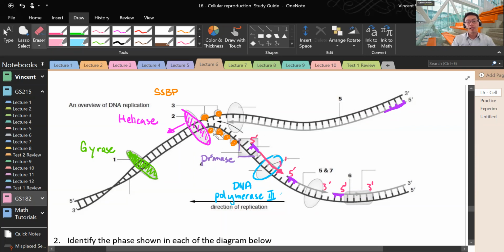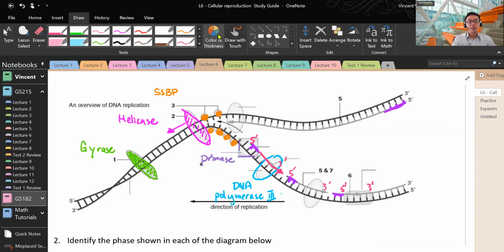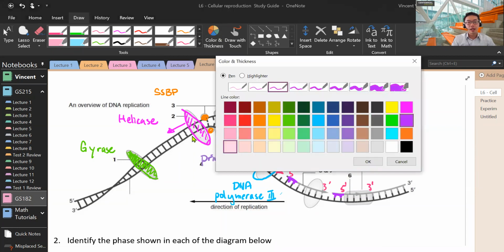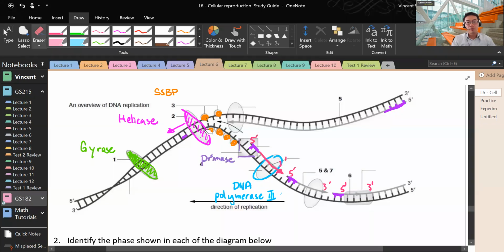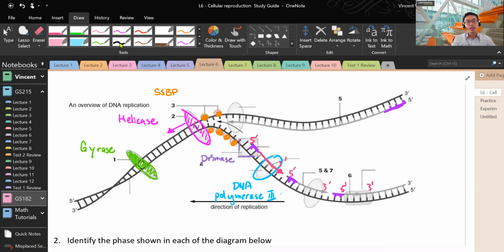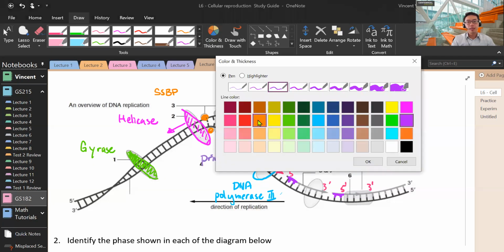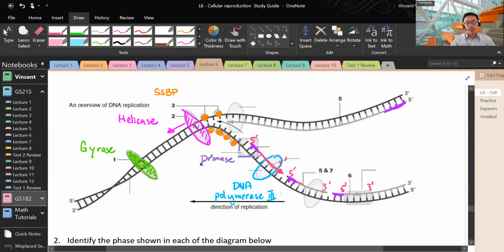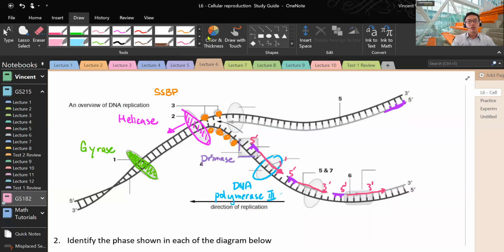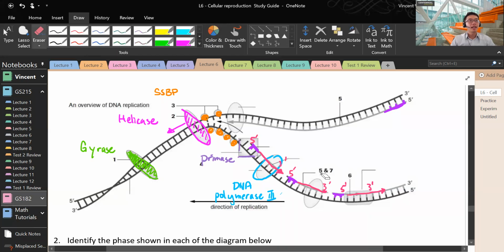When I open up even more here, I will need another primer over here before I can copy. So this strand at the bottom is not being built continuously. You have to build it a little bit at a time. And so we call this the lagging strand.